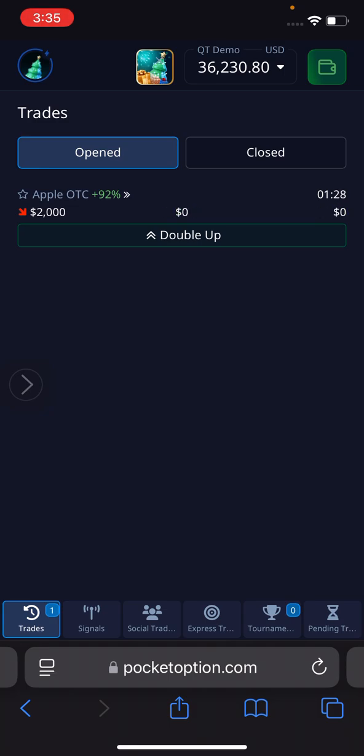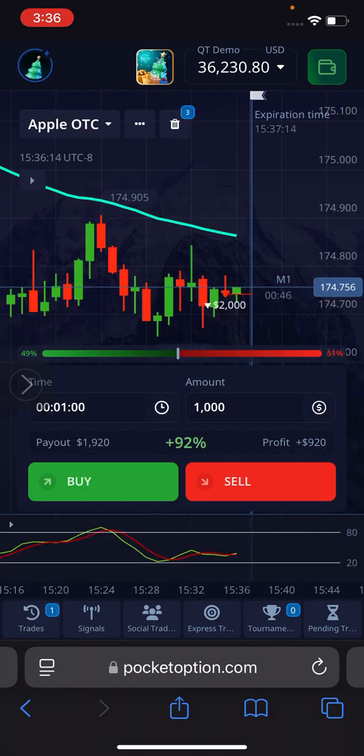So you do in fact have to pick within 30 seconds, am I going to roll this trade over or not? So you can see that it added an additional minute and it also doubled the risk.